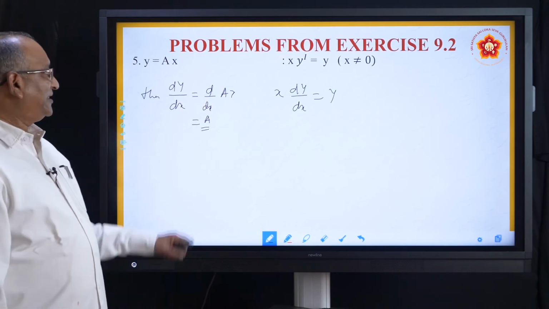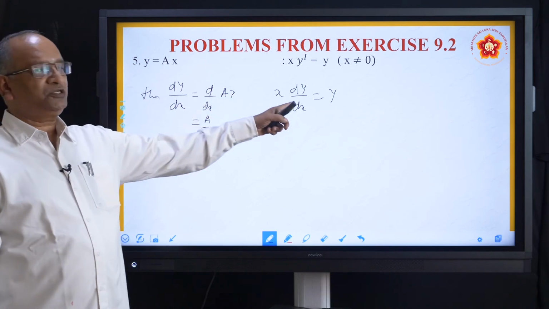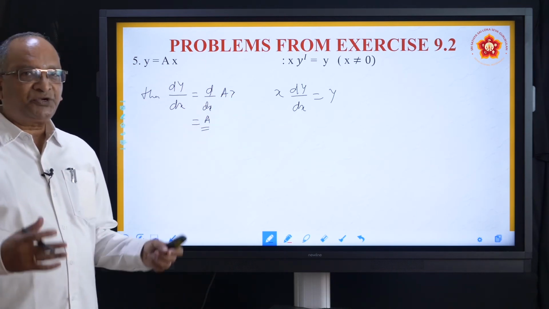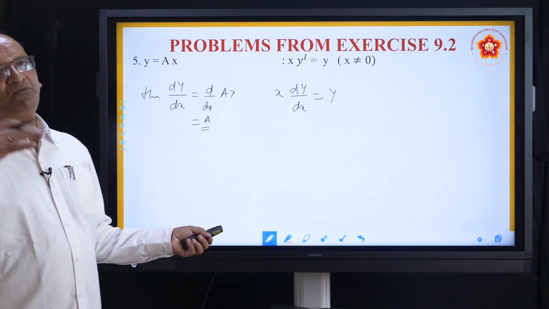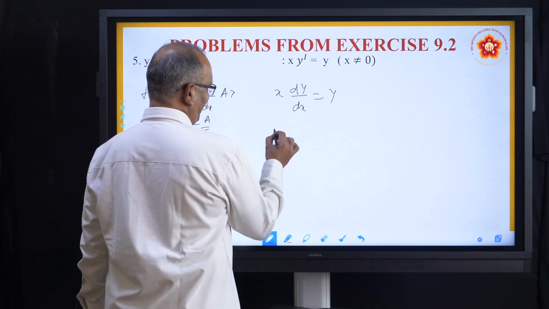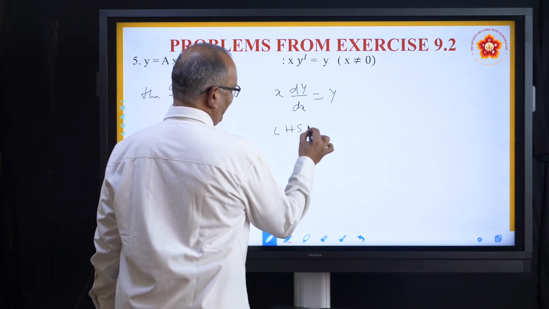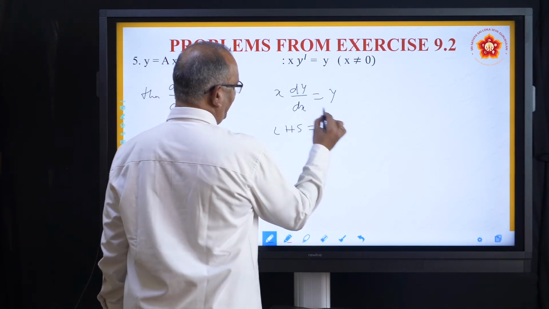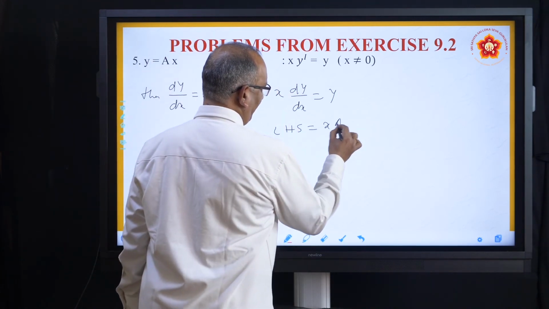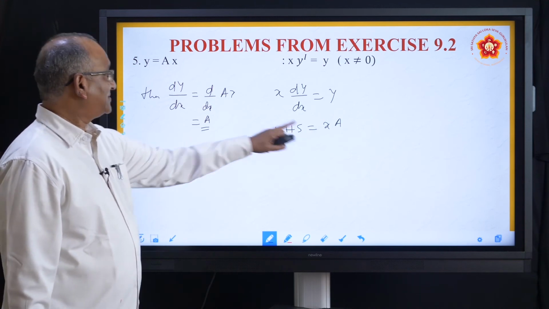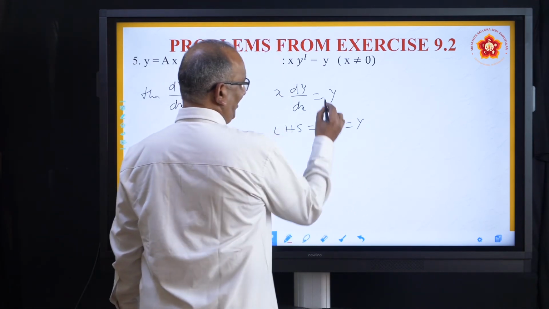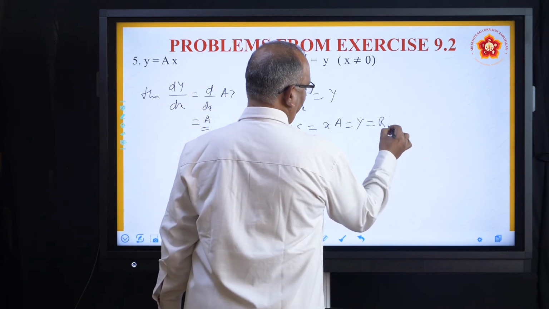We want to know whether this function is a solution of the given equation or not. So how do you do that? Substitute one side. If it comes equal to the other side, it is so. So substitute here in the left hand side. Left hand side is equal to x dy by dx. What is dy by dx? It is a. What is ax? He has given that it is equal to y, and y is nothing but the right hand side.